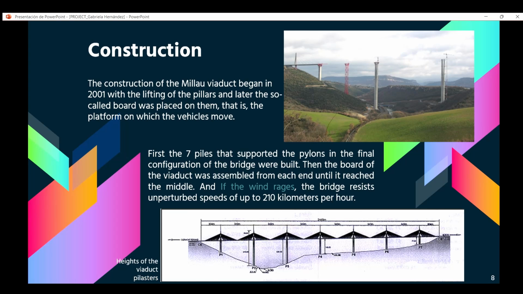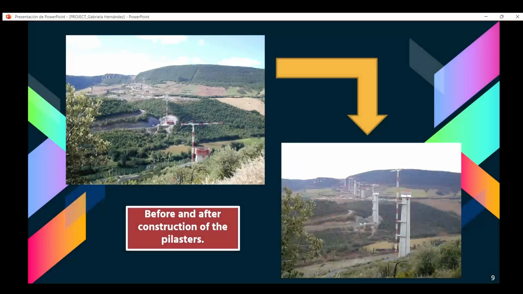and if the wind rages, the bridge resists unperturbed speeds of up to 210 kilometers per hour. With these two images, we can see the before and after of the construction of the piers.